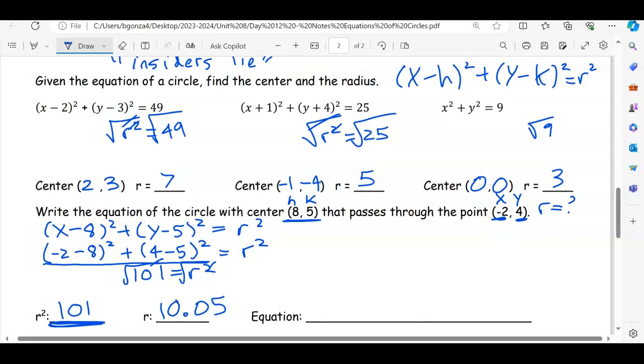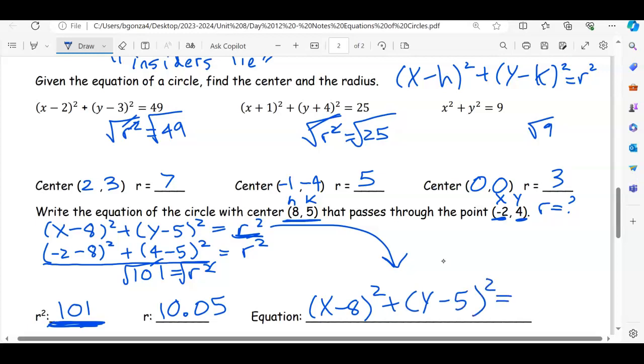I'm going to write my equation, and for r squared, I'm just going to write 101. So (x minus 8) squared plus (y minus 5) squared equals, and again, instead of r squared, I'm going to write 101. You plug in the points you know to get r squared.